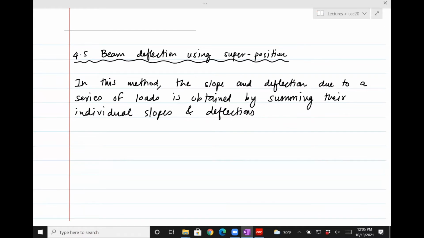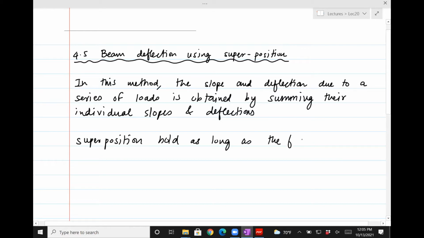Okay, and I'll make it clear when I say what I've said there about superposing. Now, there are some assumptions we make here, and those assumptions should hold true before we can use this method of superposition. So superposition holds as long as the following is true.